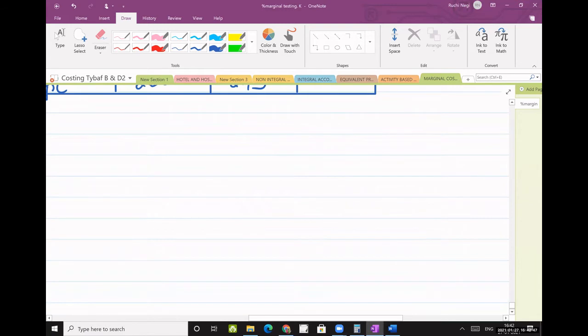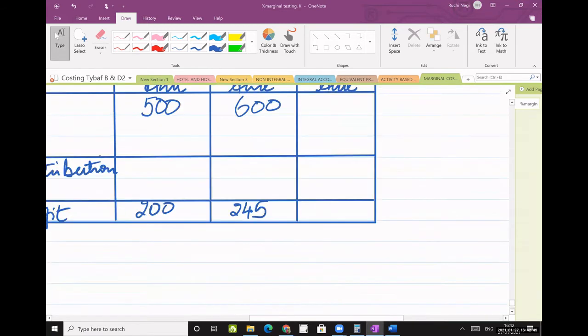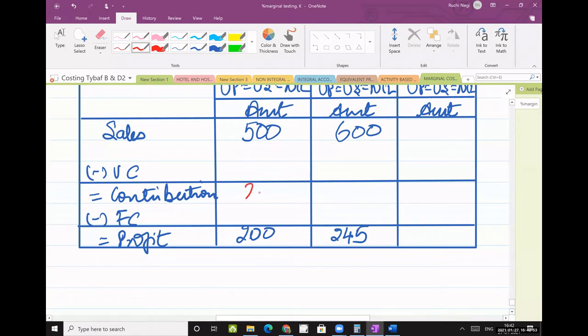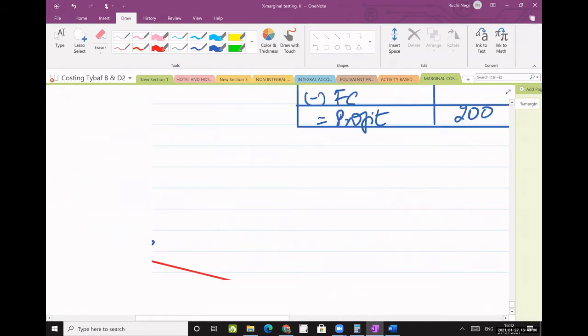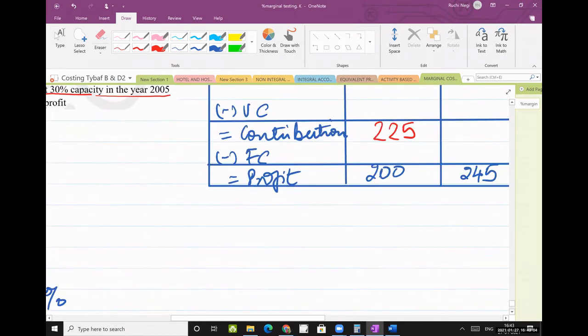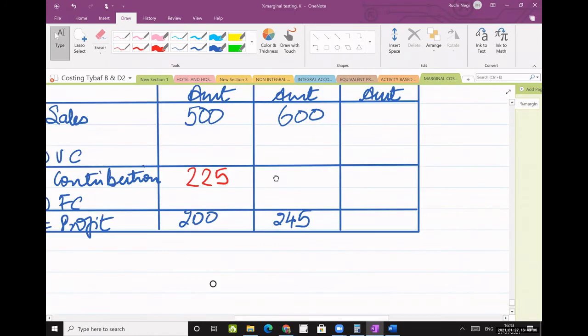Please write it down here. 225 and 270. Okay. Go reverse from here.